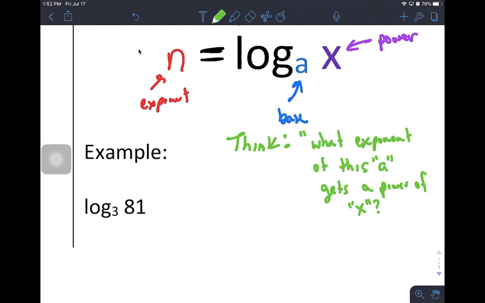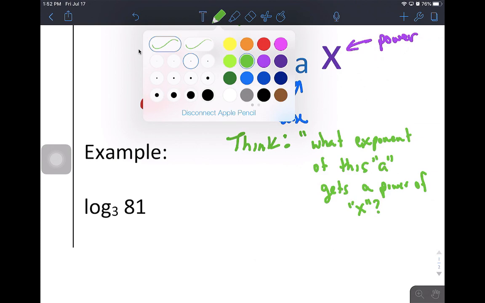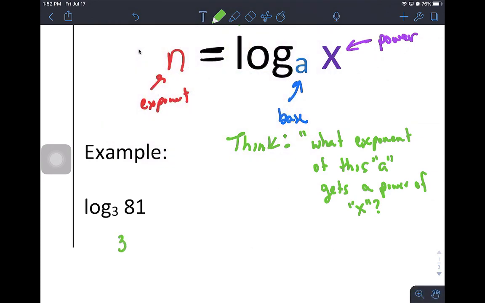If I need to evaluate that, something that you could be doing is figuring out 3 times 3, that's going to be 9. 3 times 3 times 3, that gets me 27. 3 times 3 times 3 times 3, that gets me 81.